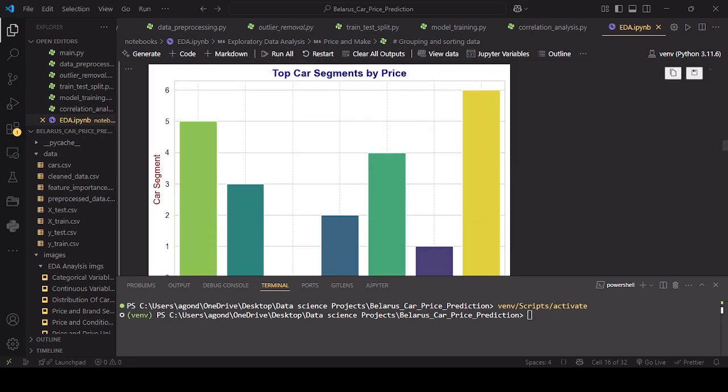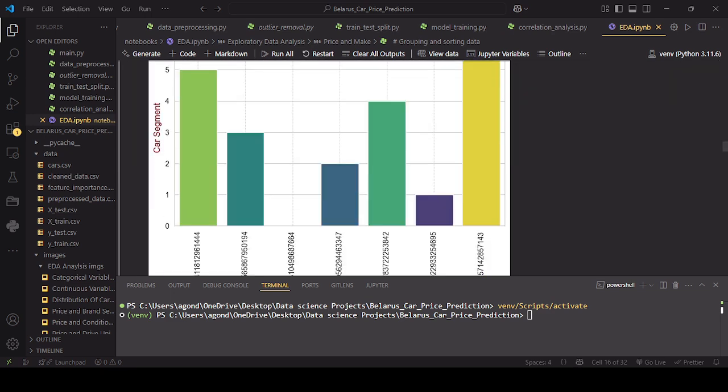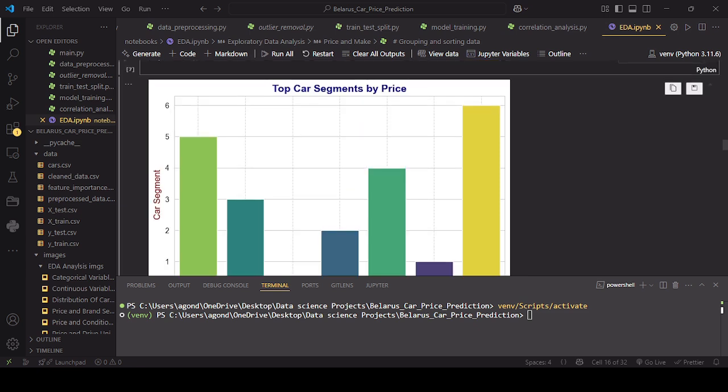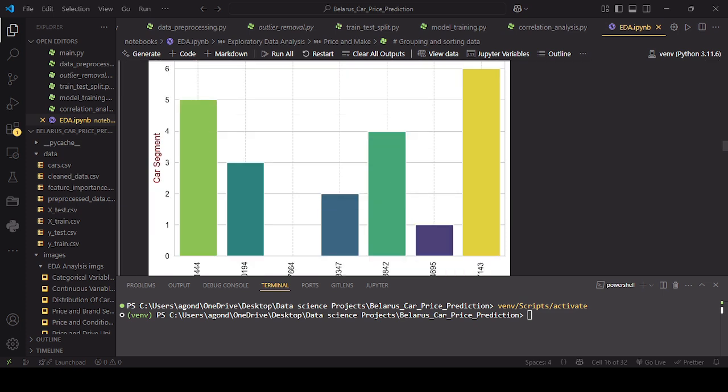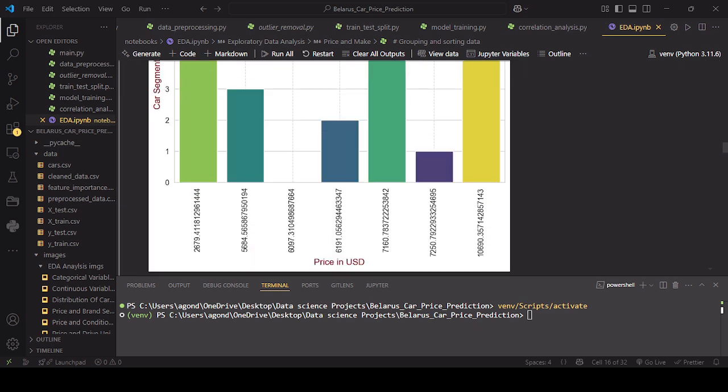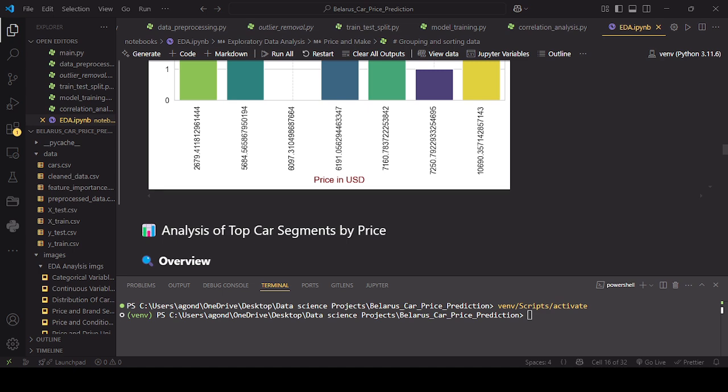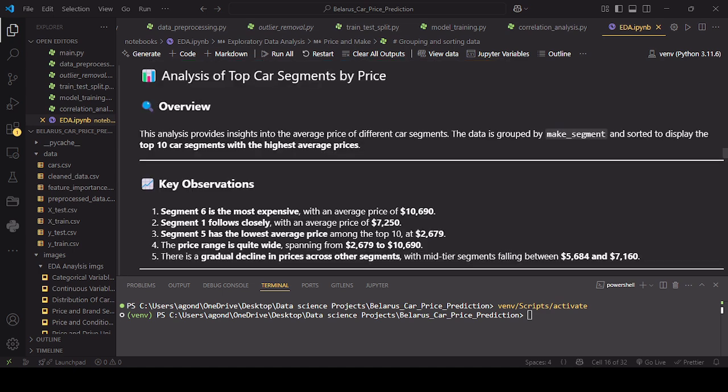Right here you can see the different types of car segments, such as Russian, Eastern European, luxury ones, and different types. Let's see how it was done.